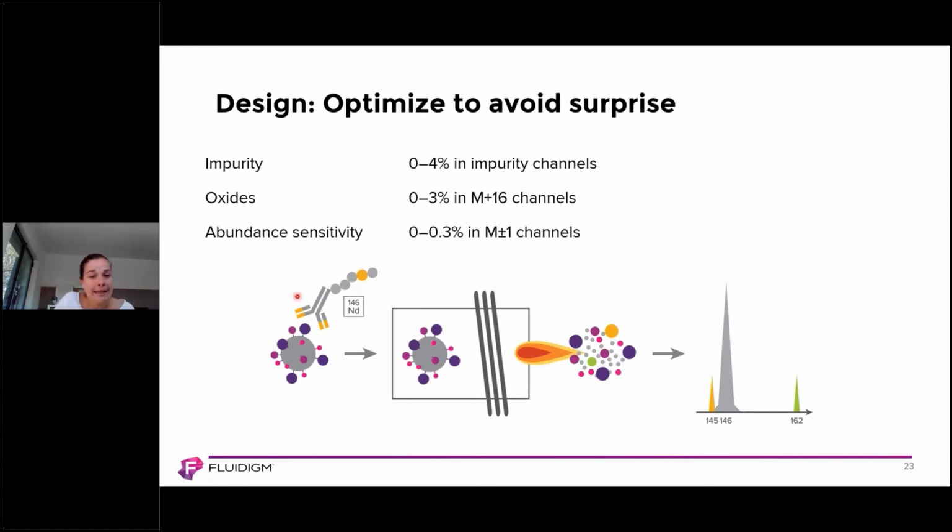As we can see here, we use the 146 gadolinium metal, and you can see that there is a little bit of the 145 gadolinium. So you will have a little bit of signal here, but it's not a big issue if you know it.